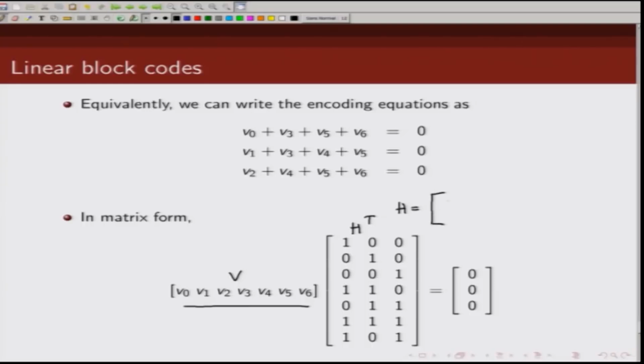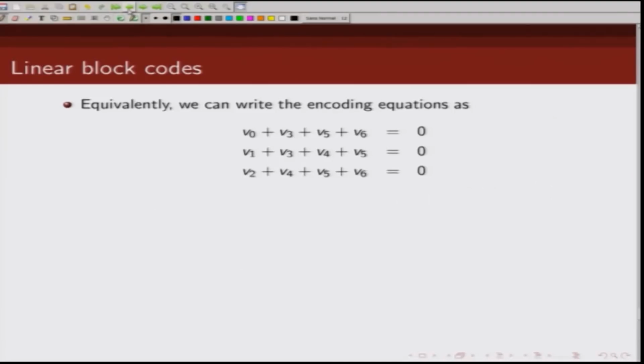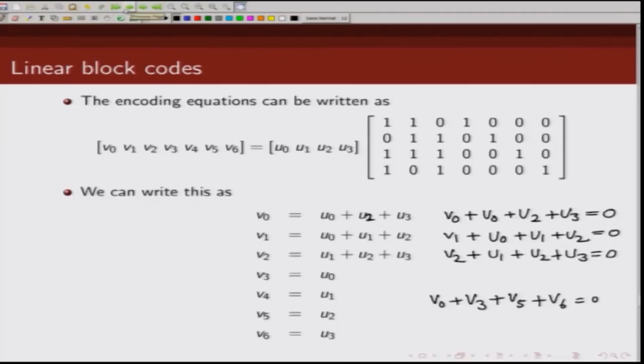So this will be 1 0 0, 0 1 0, 0 0 1, 1 1 0, 0 1 1, 1 1 1, and 1 0 1. For the 7-4 code, this is basically 3 cross 7, as I said, n minus k cross n matrix. This is my parity check matrix corresponding to the same code which is generated by this.